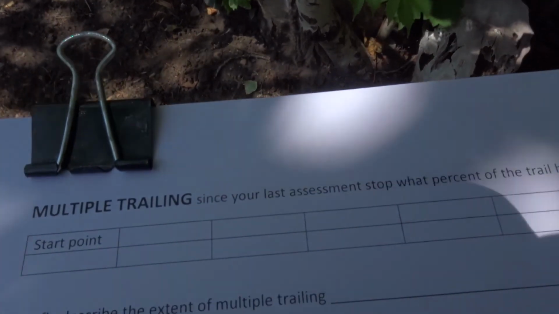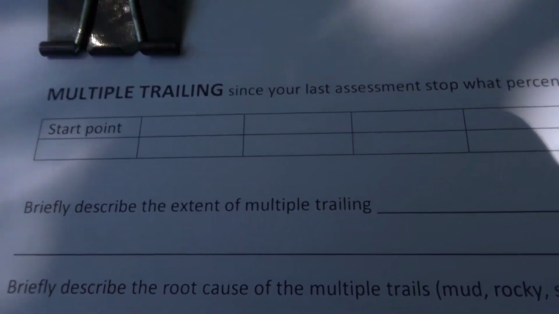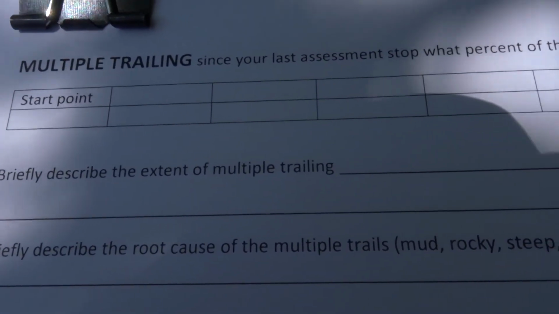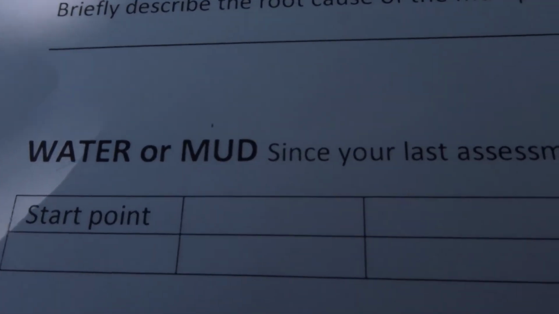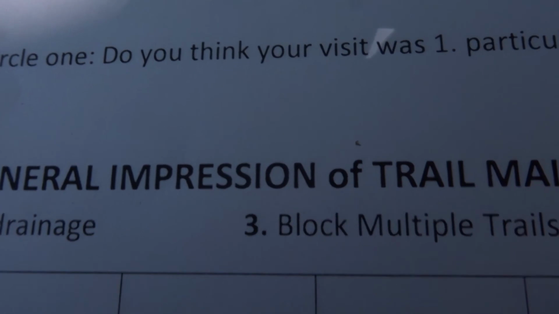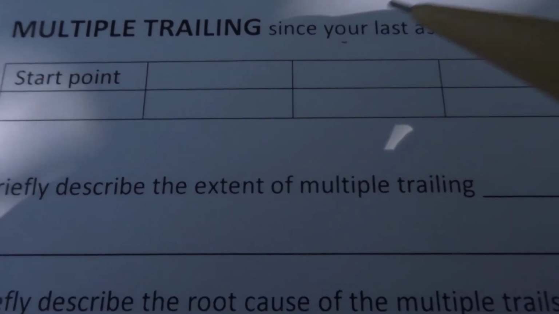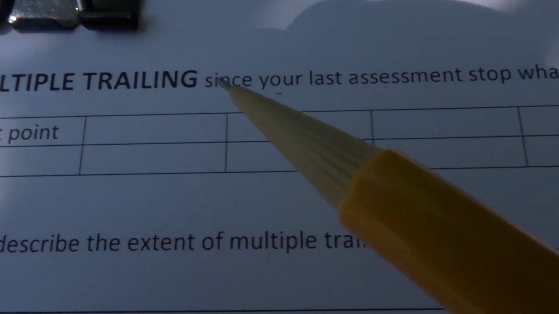You have a page of criteria that you need to fill out that apply to the spaces in between your stops, and they're about multiple trailing, water and mud, and your general impressions. So you start at your starting point, so you won't have anything to write there because you haven't gone anywhere yet. But multiple trailing.